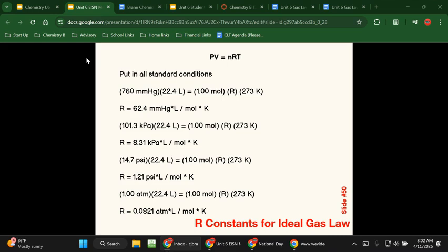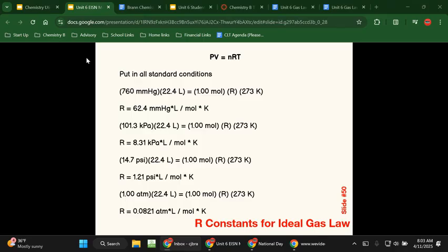Now, if you'll notice in every one of these formulas, everything except the value of P stays exactly the same. V in every one of these is 22.4. N in every one of these is 1 mole. And T in every one of these is 273.